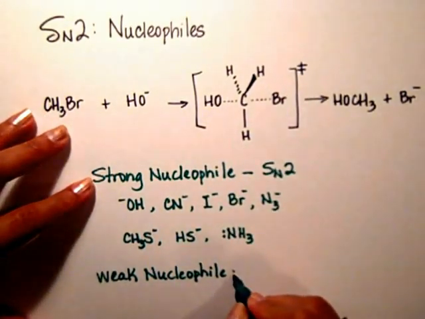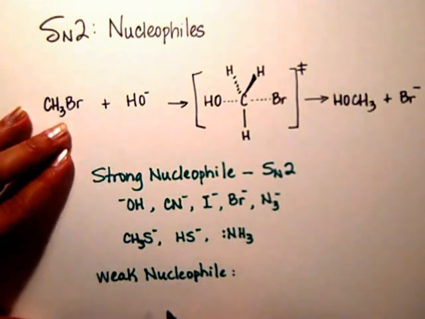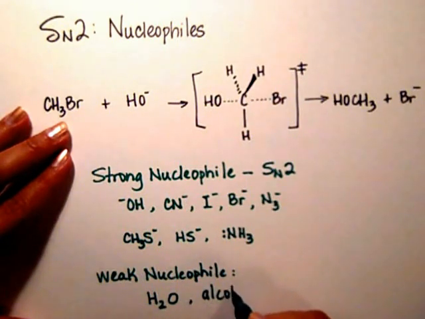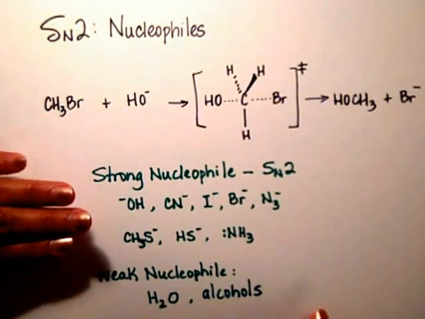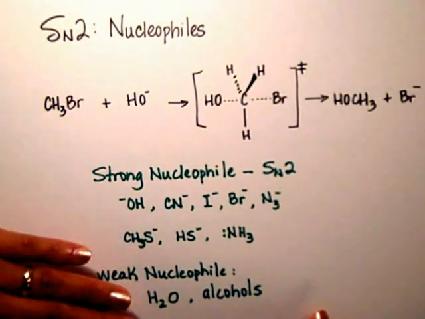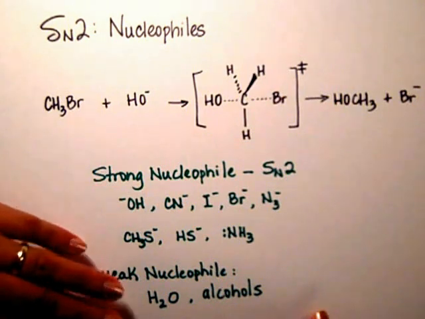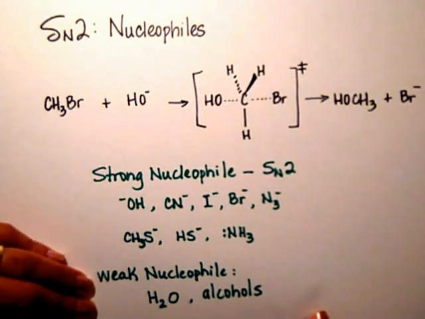But if you want to know what a weak nucleophile is, most of the time we're just going to stick with water, but we can also have alcohols in there. So for an SN2 reaction, I need a strong nucleophile. If you have water or you have alcohols, those are not good enough to do an SN2 reaction.